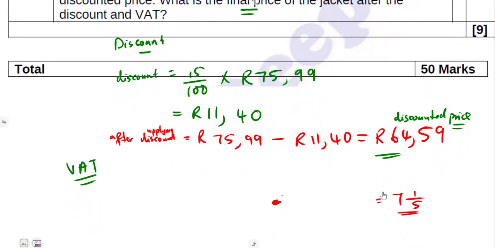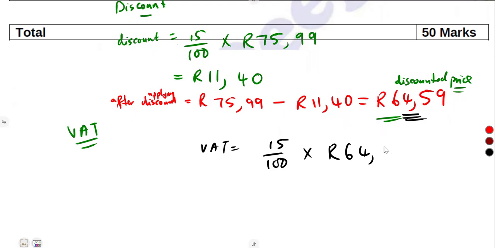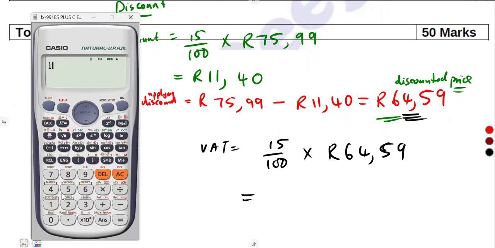So remember, our VAT is 15%. So you can calculate that VAT. VAT is 15%, 15 over 100 of the discounted price of 64.59. So that is our value added tax. 15% of the discounted value, 64.59.